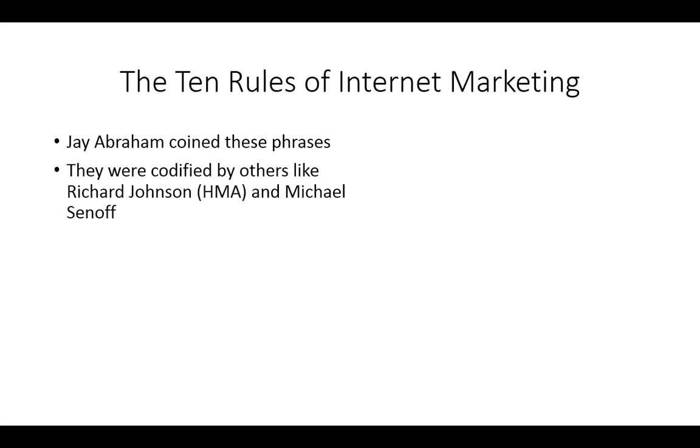Now, what we're going to be talking about is a system. It's the system of marketing for small independent businesses, and these phrases actually are not original to this course. They're probably more original to Jay Abraham, who kind of coined these phrases, and the person who really organized them and put them into a system that was understandable was a gentleman named Richard Johnson.